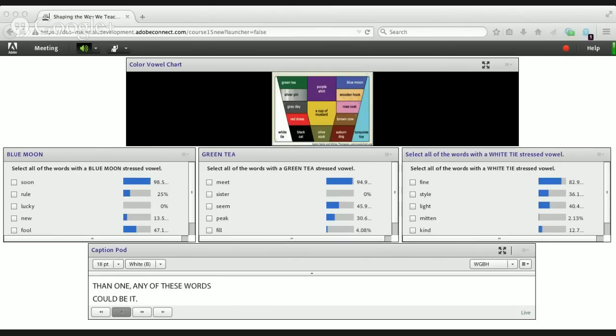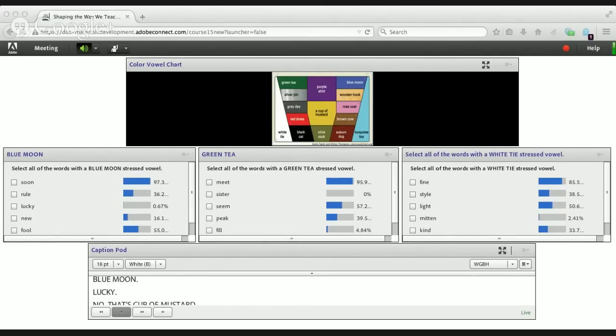And then similar with green tea. Let's go through the blue moon. Soon, for sure. Listen carefully. Rule, blue moon, rule. So rule is spelled differently, but it's an ooh, blue moon. Lucky, nope, that's cup of mustard. And new, listen carefully. Does that sound like blue moon?